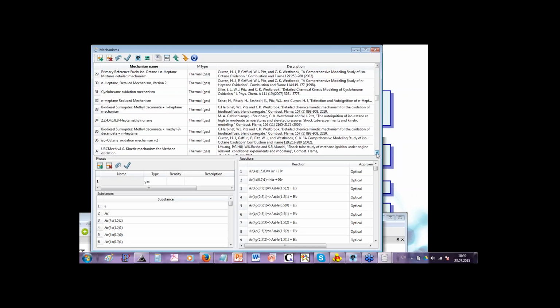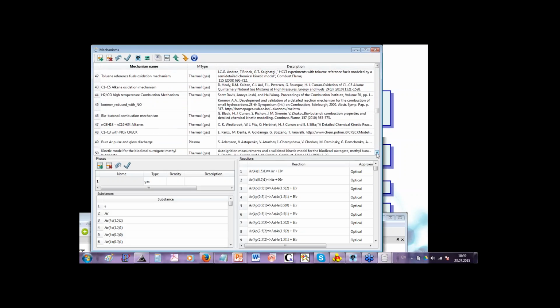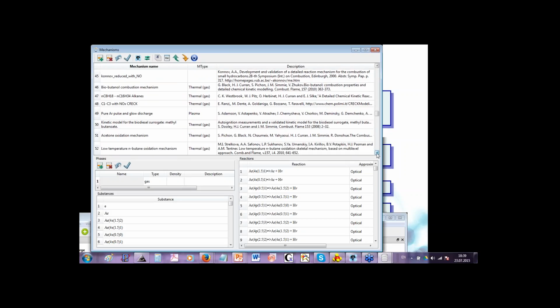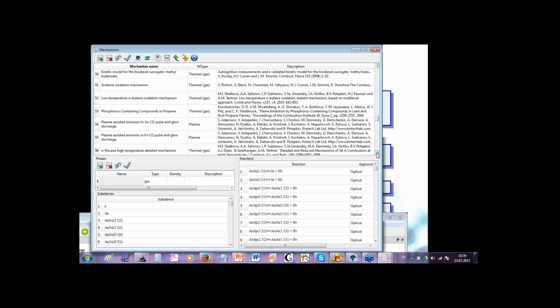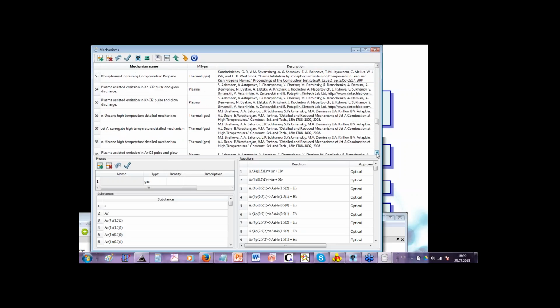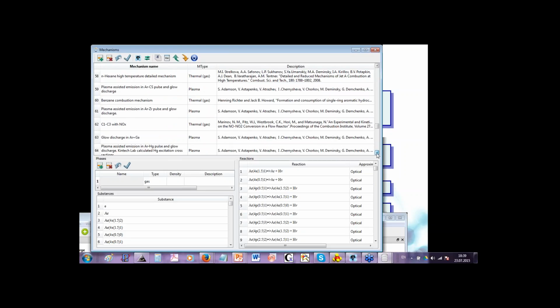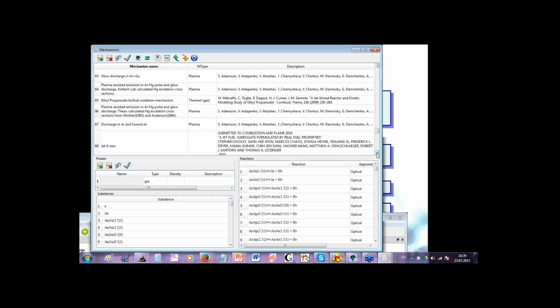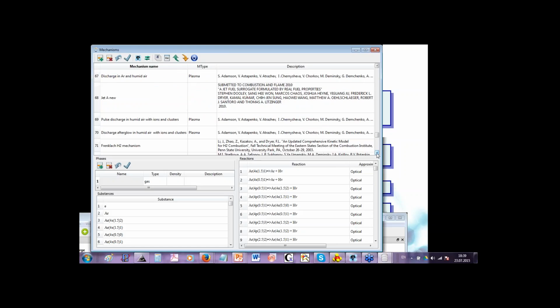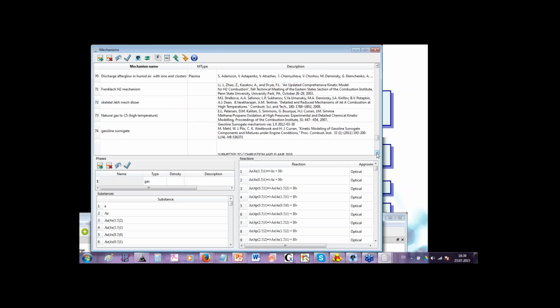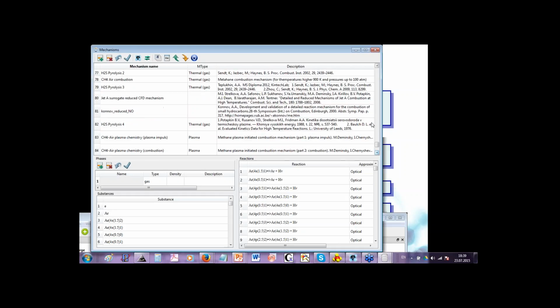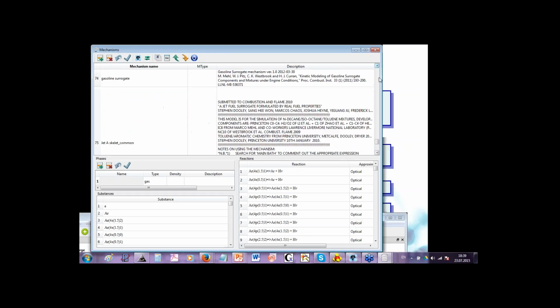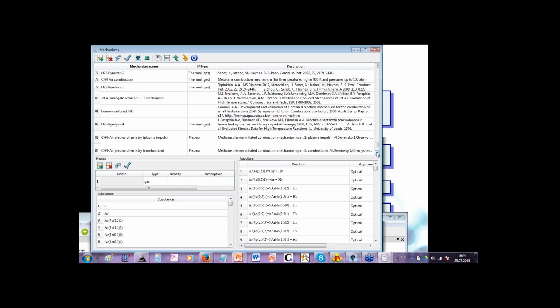For example, it's called thermal plasma, argon, plasma emission. Okay, it's maybe not so interesting. Discharge in argon and humid air. Okay, I'm looking for the mechanism of methane, and wait, here. This is a methane-air plasma chemistry mechanism.